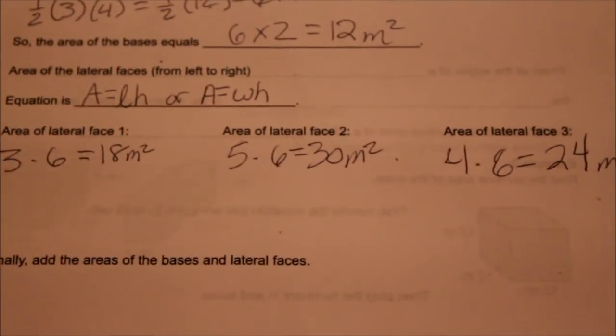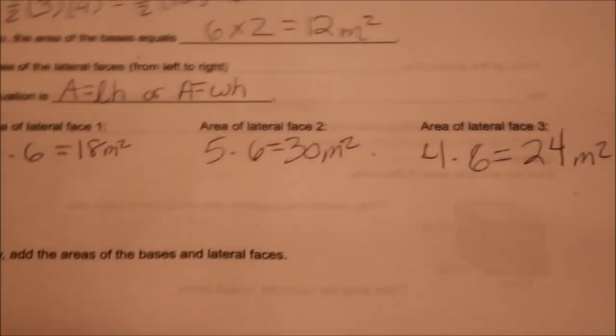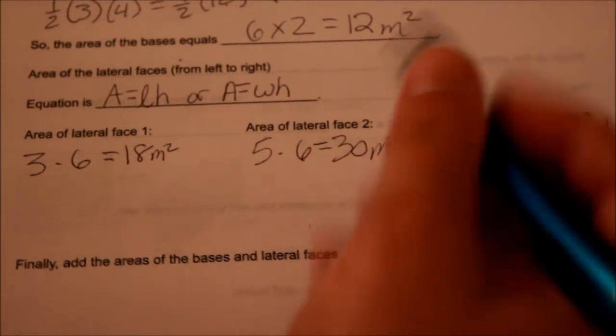So now we're just going to take these 3 numbers, 18, 30, and 24, and add them to our 12.